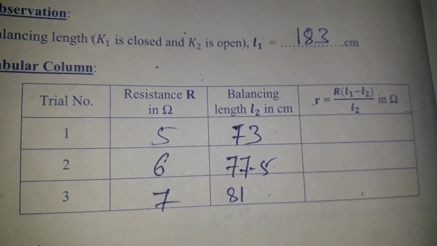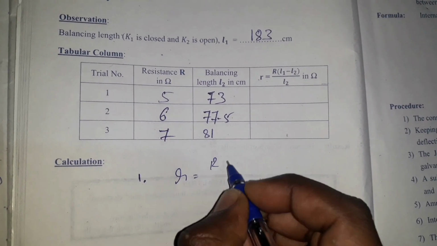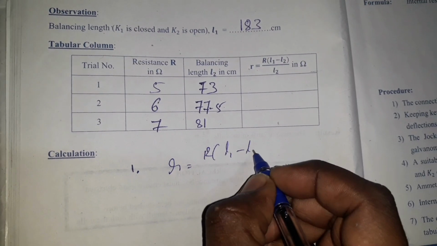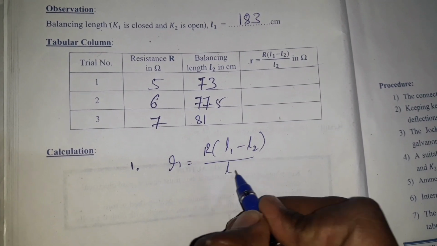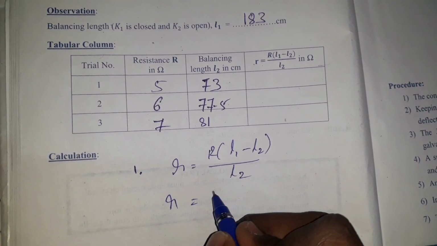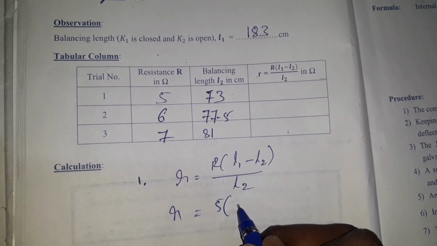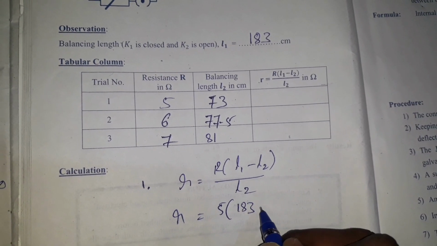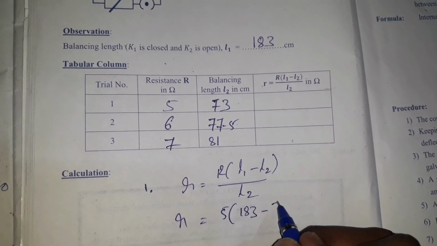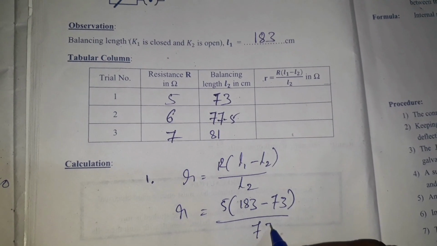For the first trial, r is equal to R (L1 minus L2) divided by L2. Okay, so for the first trial, r is equal to, what is the value of capital R? 5 into, what is the value of L1? 183 minus, what is the value of L2 for the first trial? 73, whole divided by 73.